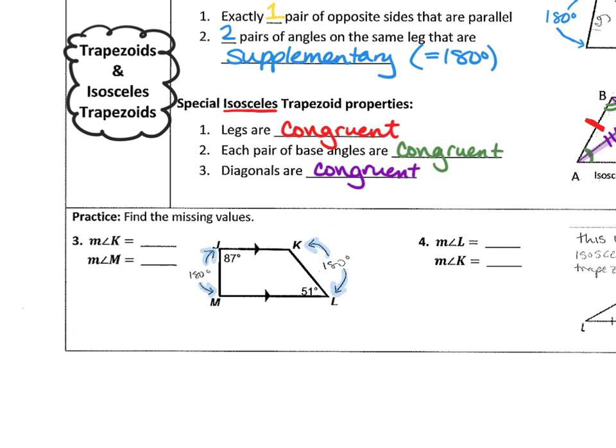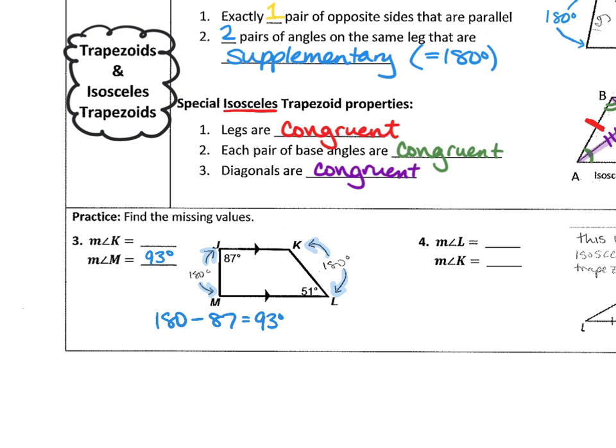They're supplementary. So we can do 2 tiny little math problems and we can say, all right, well for M, what is 180 minus 87? Because they need to add to 180, so if I take away 87, I can just find out that letter M is equal to 93 degrees.